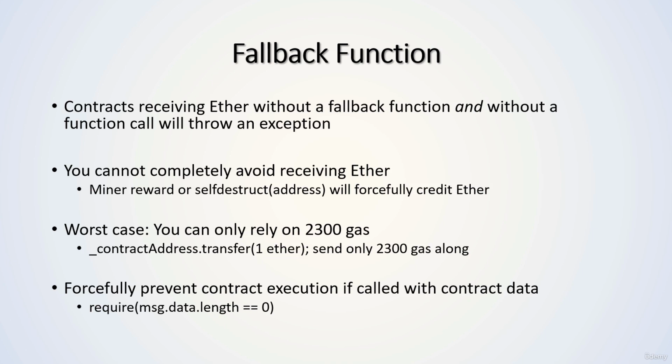You can forcefully credit Ether to a smart contract by self-destructing a smart contract which had a balance stored on its address, and then using the beneficiary as this address over here. You can set a smart contract that is actually not allowed to receive any ether, but it will still receive ether. That's a design of the EVM, which cannot be circumvented.